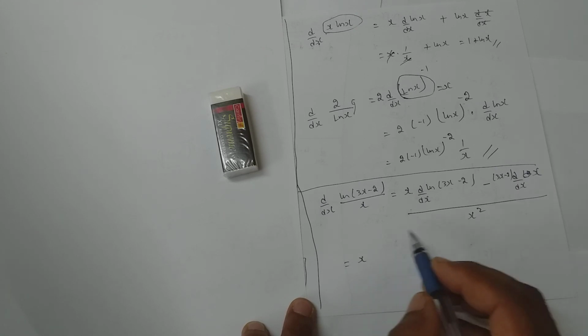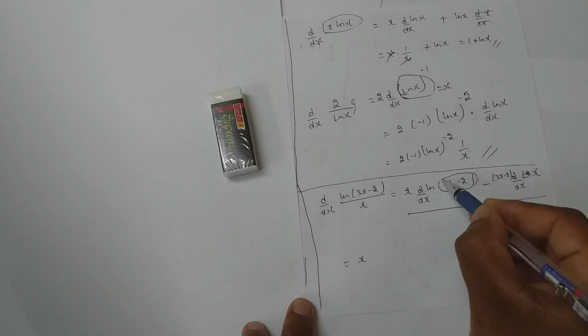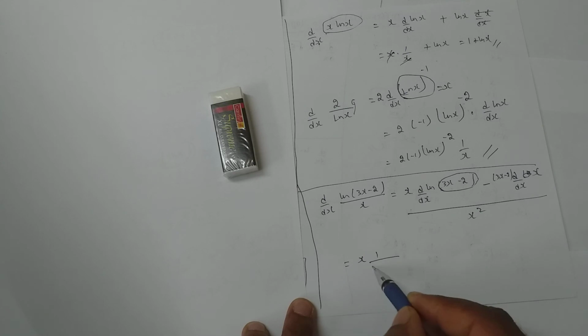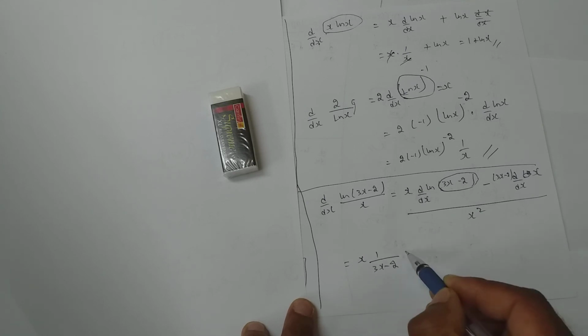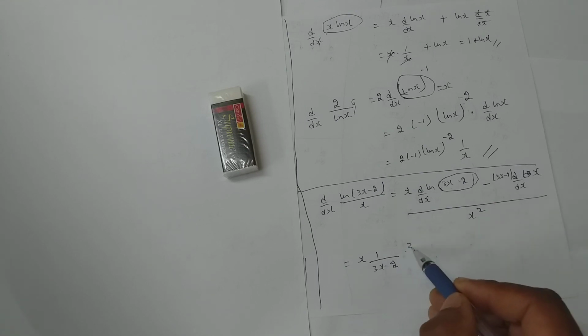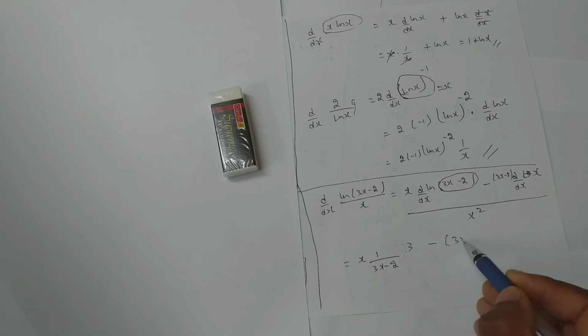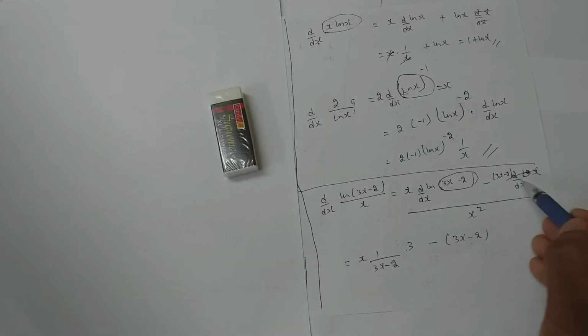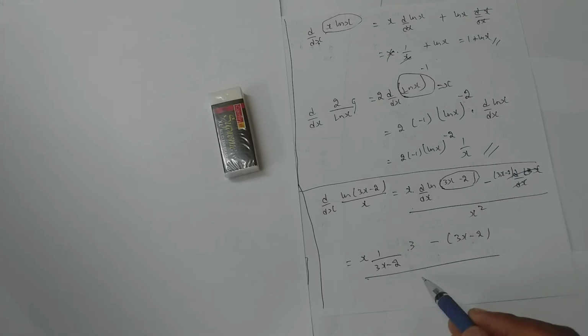So now x into, again you assumed it to be x, so ln x is 1 by x into differentiation of your assumption. So d by dx of 3x minus 2 is 3, minus 3x minus 2, into dx gone, by x square. This is the answer.